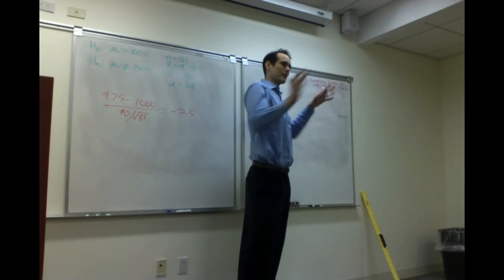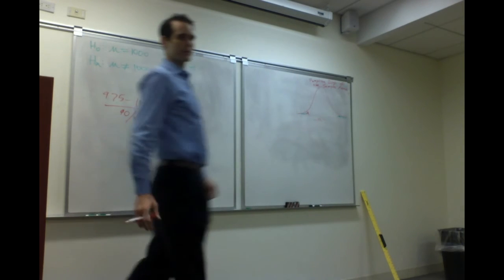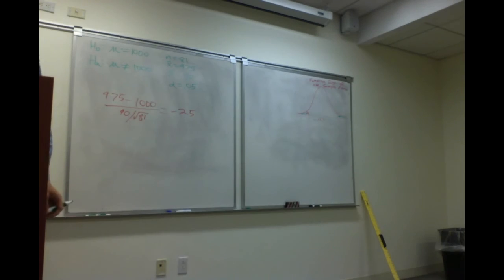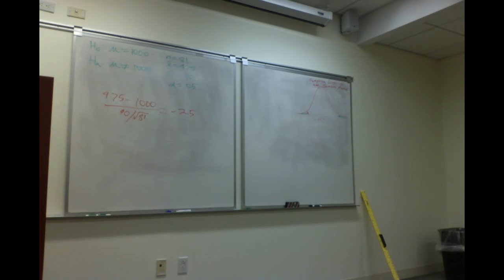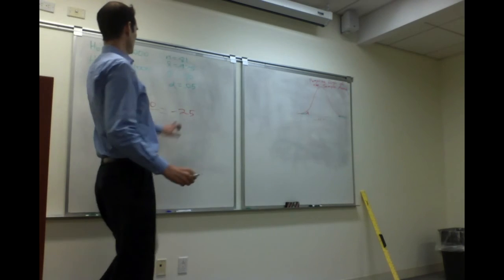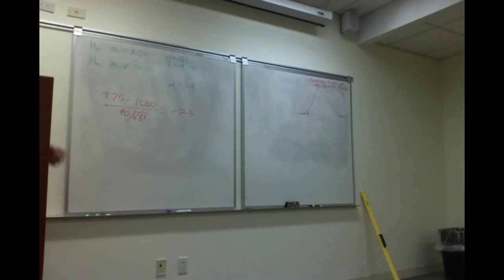The question is, is it negative enough given the way that we've set up this test? And what they're asking us for, first, let's calculate the p-value. All right, so what is the p-value of a test statistic, the z-stat of negative 2.5?